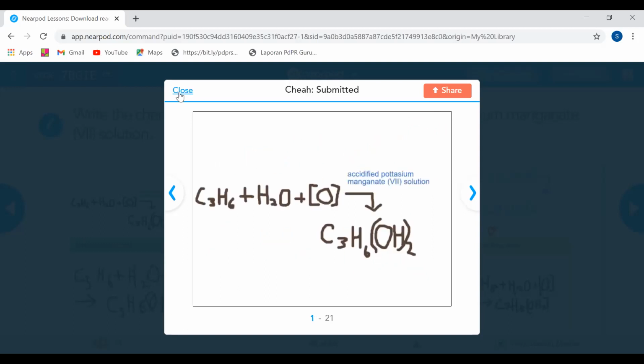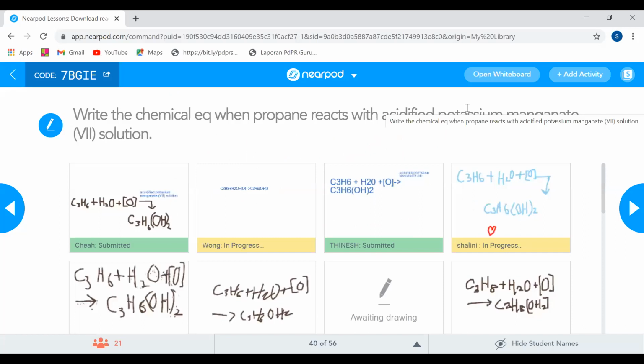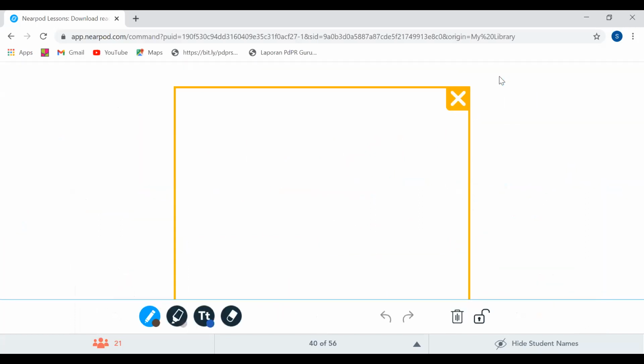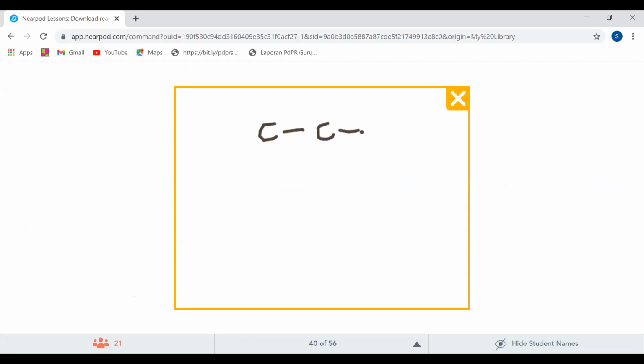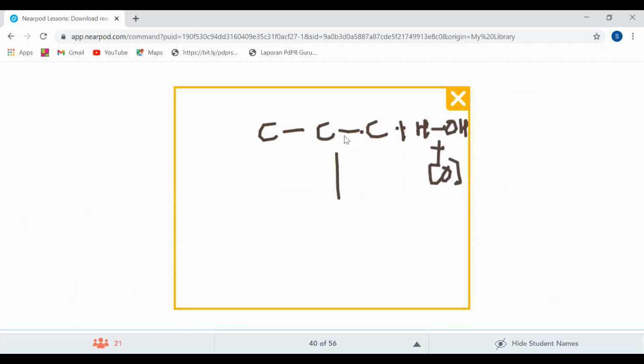Someone asked about the way Amir did it just now. So now let's say teacher has C3. When teacher adds H, OH, and O, what am I going to get?